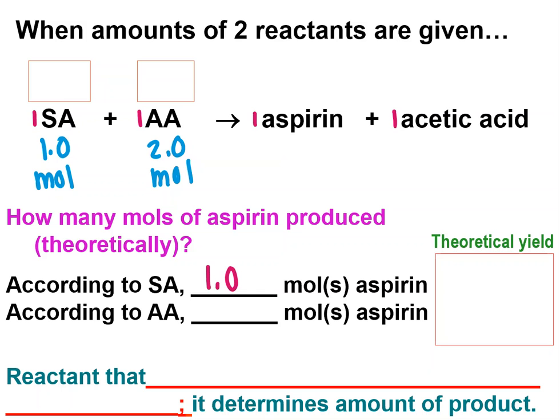Then I'm going to ignore salicylic acid and look at acetic anhydride. There are 2 moles of AA, and if all of that reacted, I would get 2 moles of aspirin. Then I compare those 2 numbers, and the lower one is the theoretical yield. So I always cross out the one that over predicted how much product, and the theoretical yield is the 1 mole, the lower amount predicted.